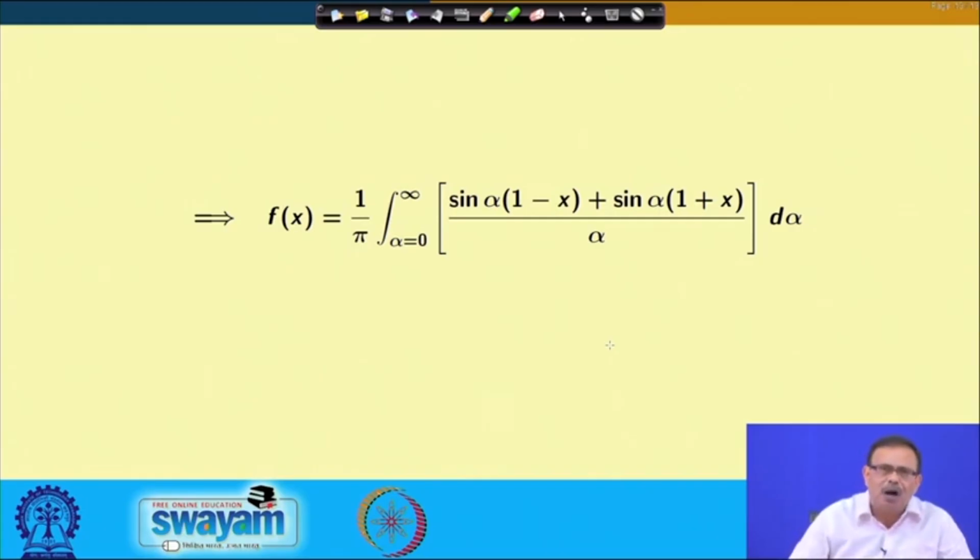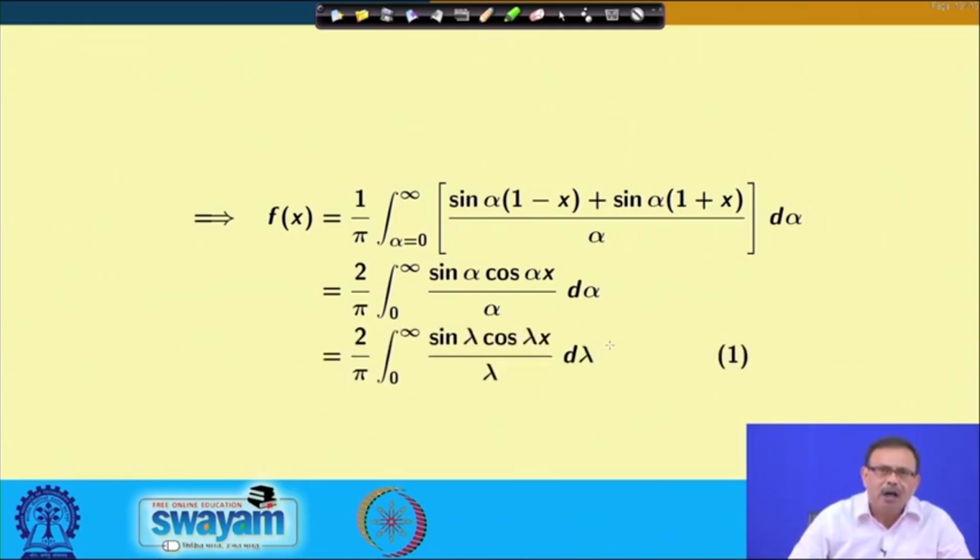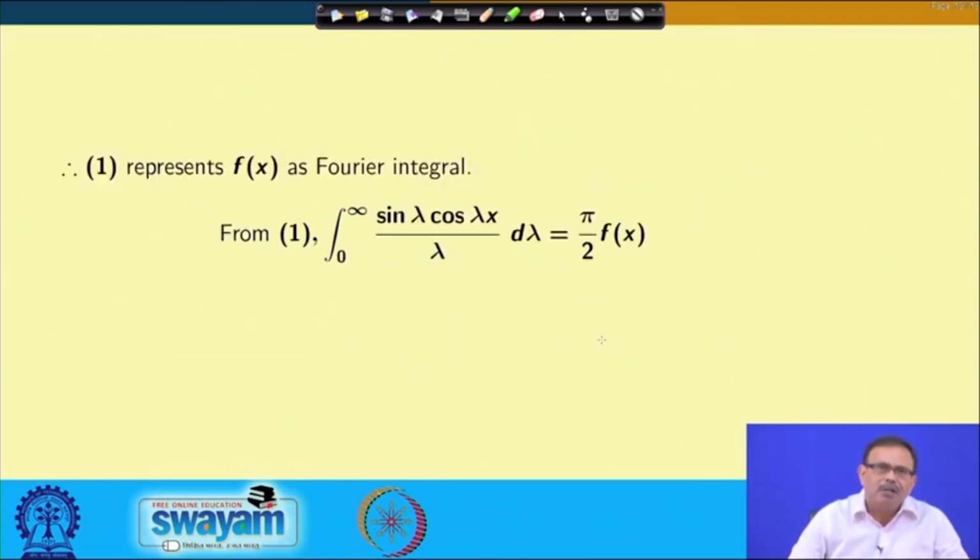Use the formula of sin c plus sin d, you will obtain this, and I write it as 2 by pi, integral 0 to infinity of sin(lambda) cos(lambda x) by lambda d lambda. And this one represents f(x) as a Fourier integral.